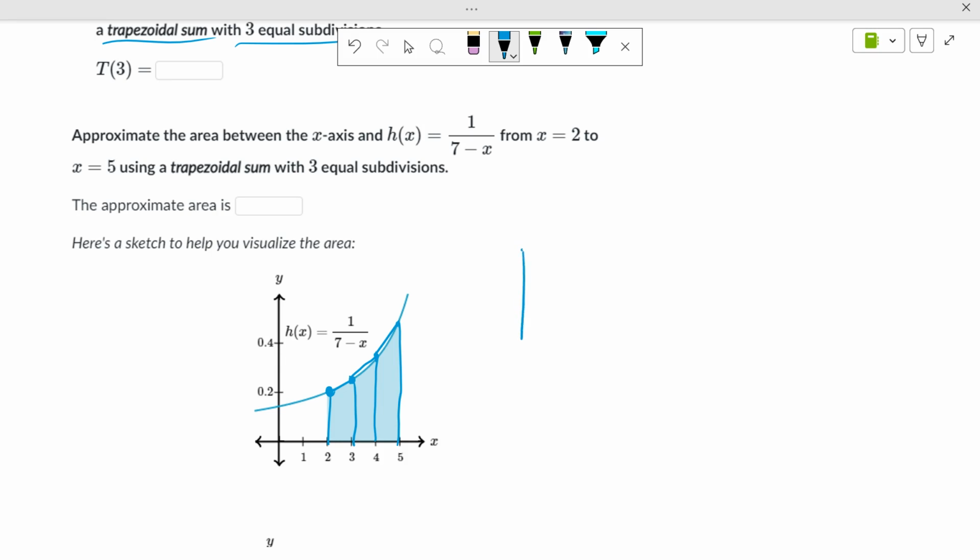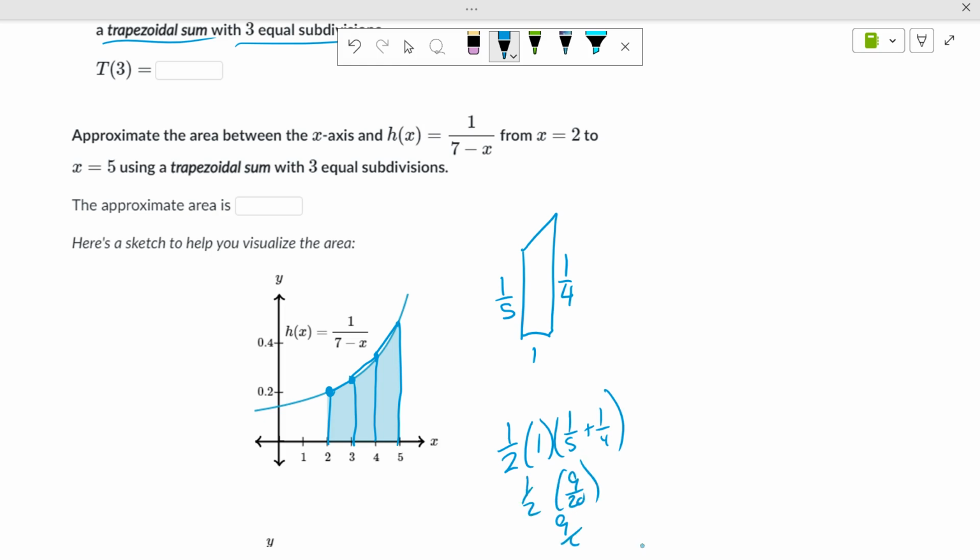So my first trapezoid has a width of 1, a base of 1/5, and the other side will be 1/4. So 1/2 of 1 times 1/5 plus 1/4. So 1/5 plus 1/4 is 9/20. So 1/2 of 9/20 is 9/40.